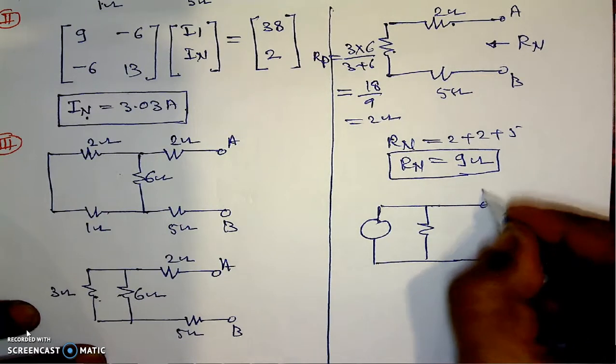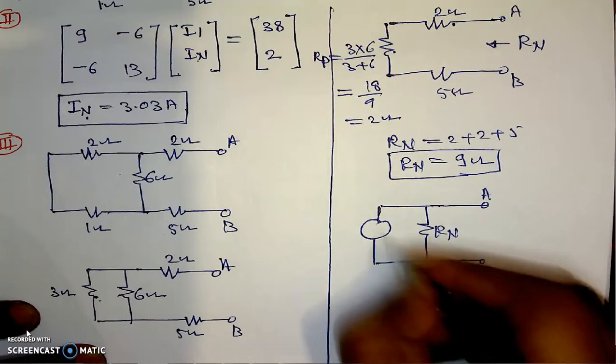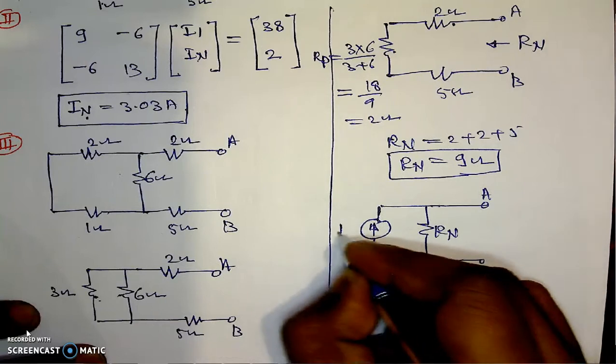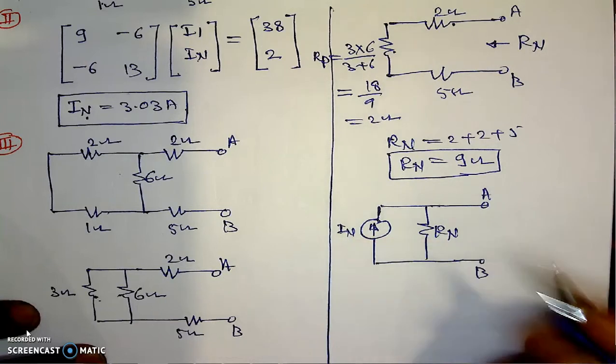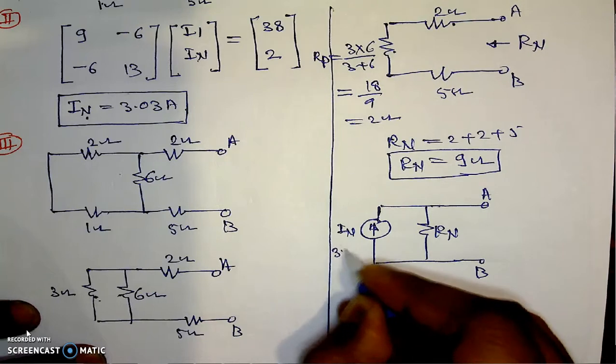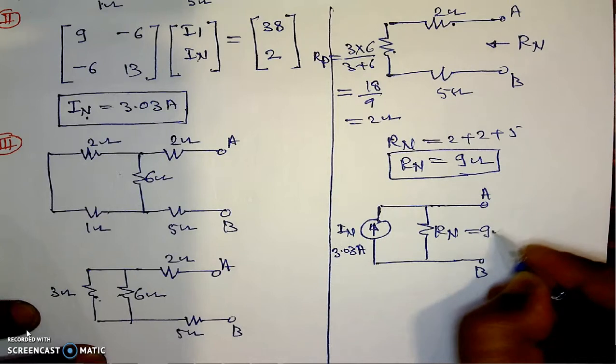This is Rn, and here this is IN, which is Norton's current. In our case, IN is 3.03 amperes and Rn is 9 ohm.